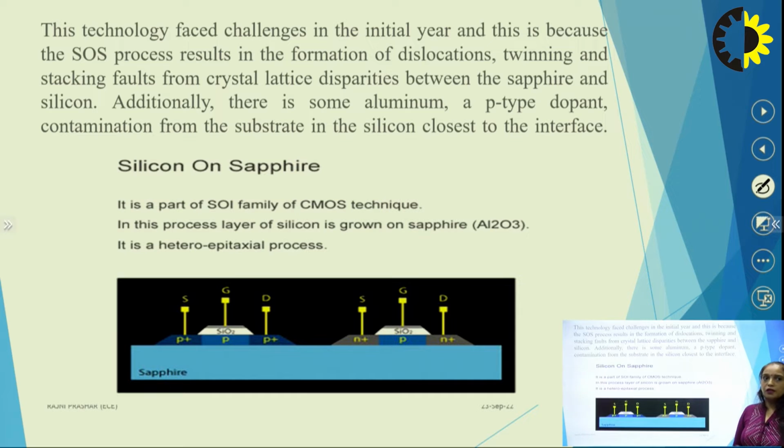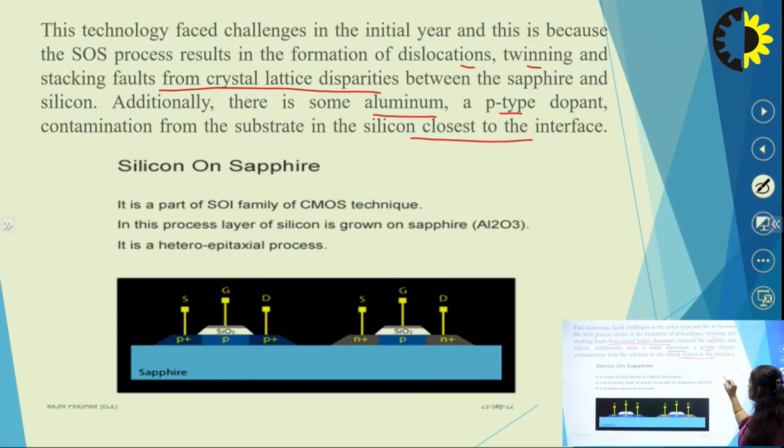This technology faced challenges in the initial years, because the SOS process results in the formation of dislocations, twinning and stacking faults in the crystal lattice between the sapphire and silicon. Because it is a heteroepitaxial process, there will be some dislocations. That is why this technology faced some challenges in the initial years. Additionally, there is some aluminum, a p-type dopant, contamination from the substrate in the silicon at the interface.